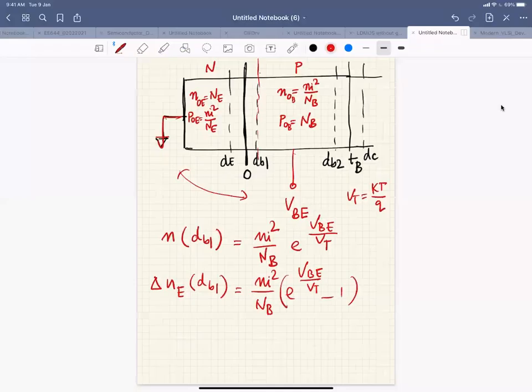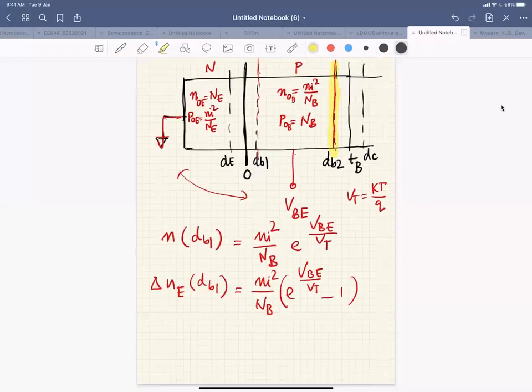I think you all understood this part, right? Now, as I told you, if the electrons reach this point, they are pulled. All the excess carriers here experience a very high electric field, so they are instantly pulled to the collector side.